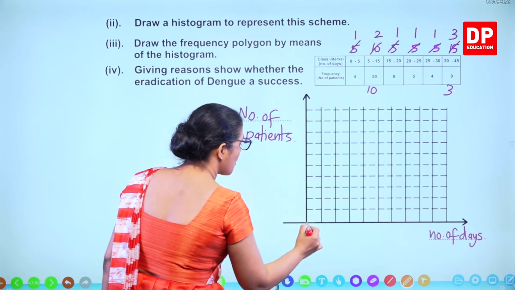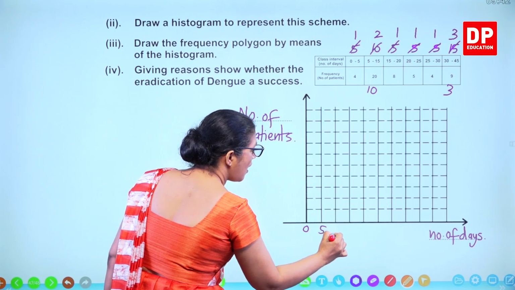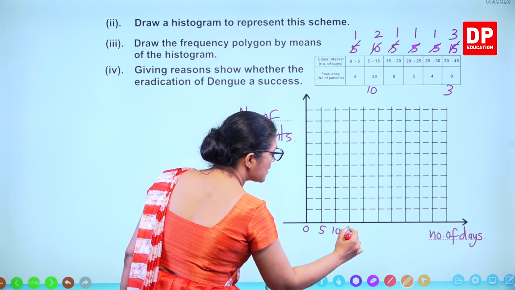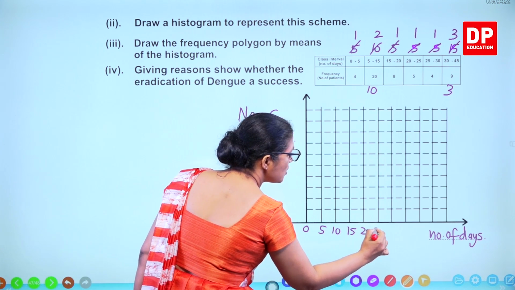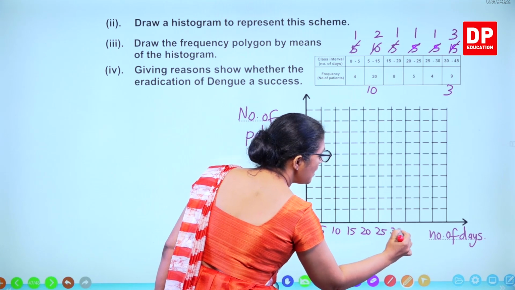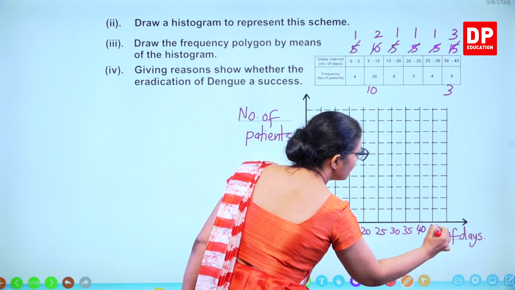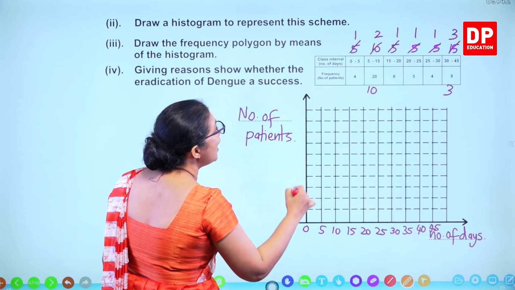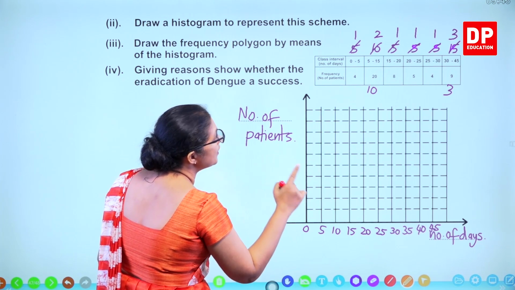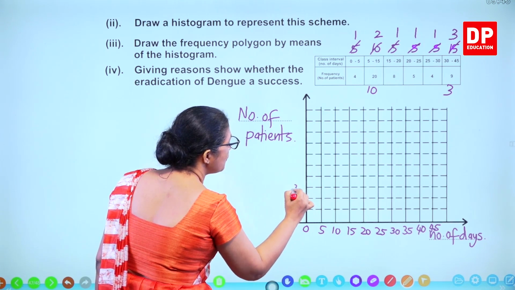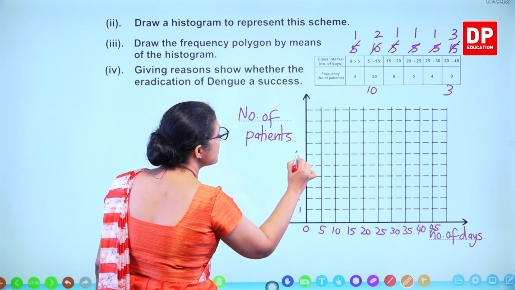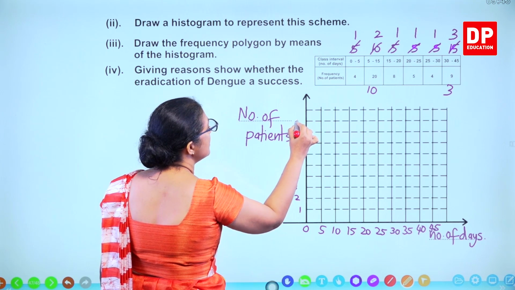You can start from 0, 5, 10, with 1 square for 5 units: 15, 20, 25, 30, 35, 40, 45. And this way you need up to 10: 1, 2, 3, 4, 5, 6, 7, 8, 9, 10.